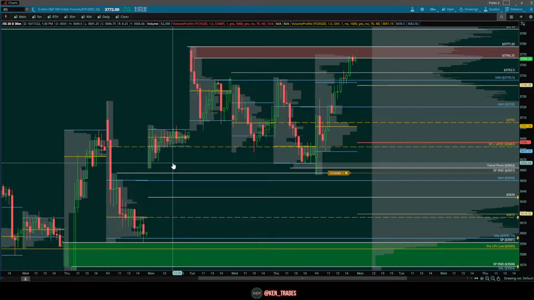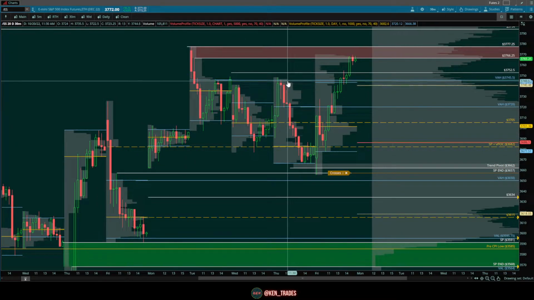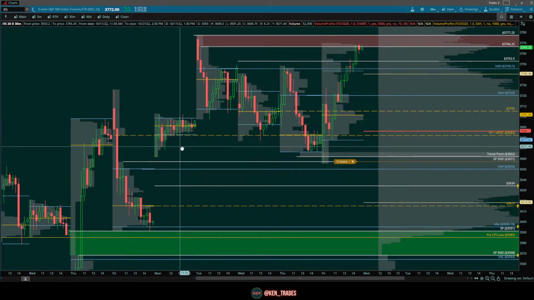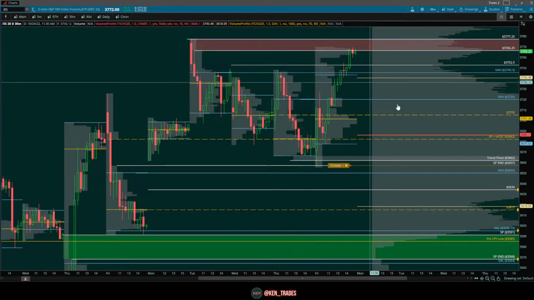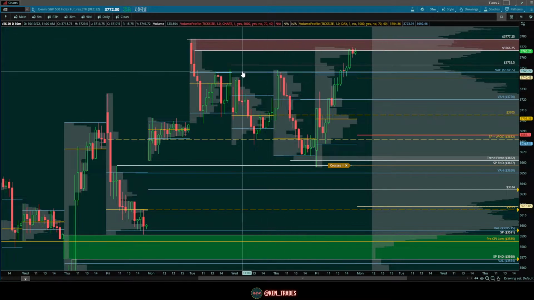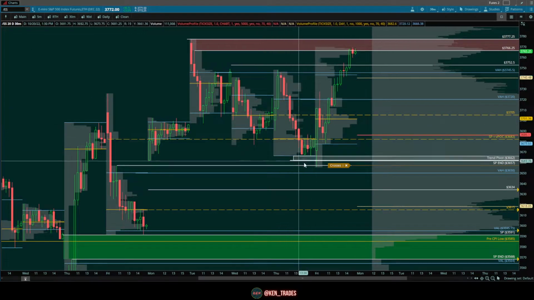I'm not saying that you're going to get the full move, but even if you caught 10 or 20 points, that's good enough. So that's how you chart: value high, POC, value low.